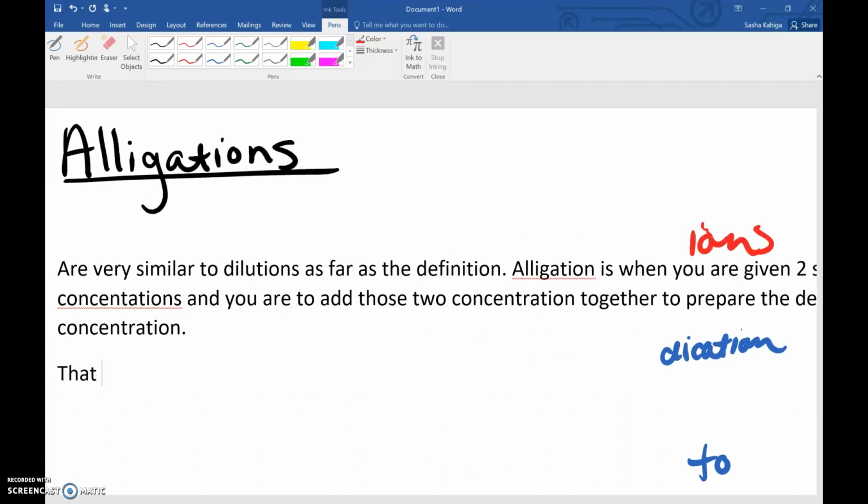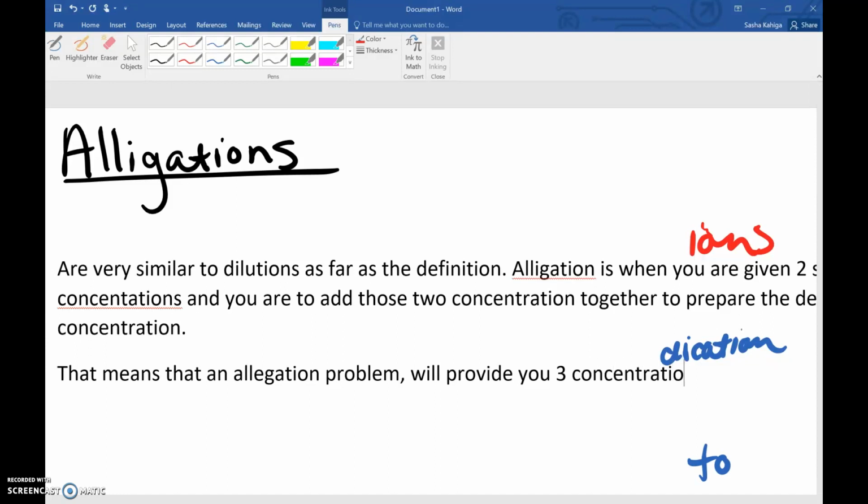So ultimately that means that an alligation problem will provide you three concentrations.